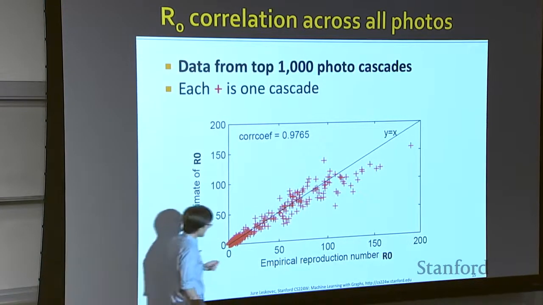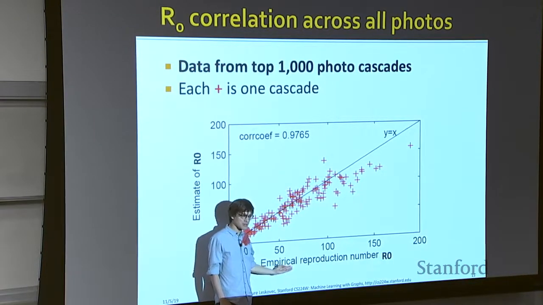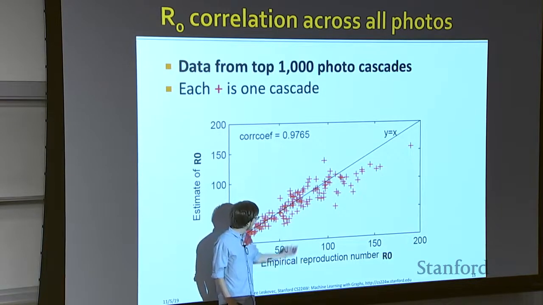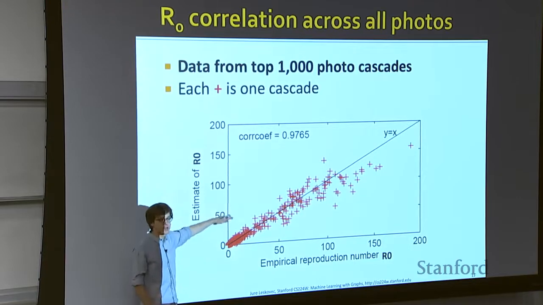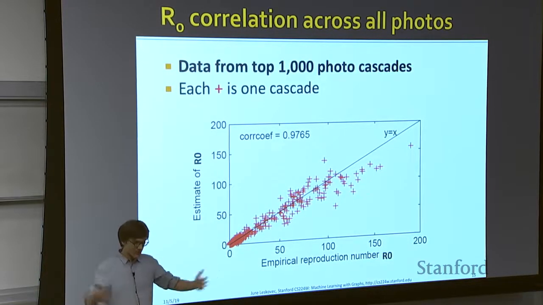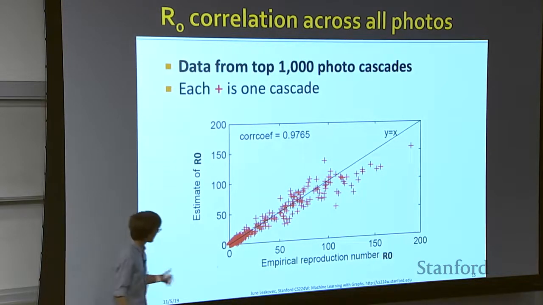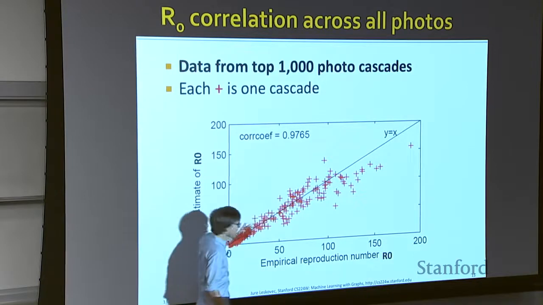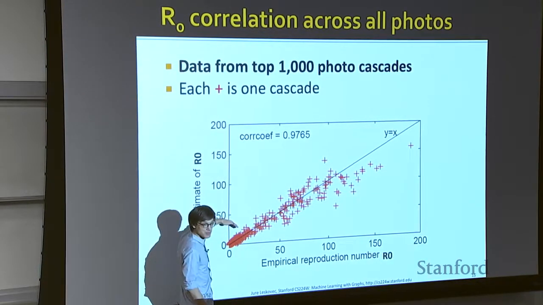Because it says that if you just look at the parent and see what fraction of the parent's children get infected, that already gives you quite an accurate estimate of what the overall reproductive number will be. So even though social networks are very heterogeneous, just knowing what happens at the first step of propagation gives you a relatively accurate estimate of what happens through all the subsequent steps of propagation.